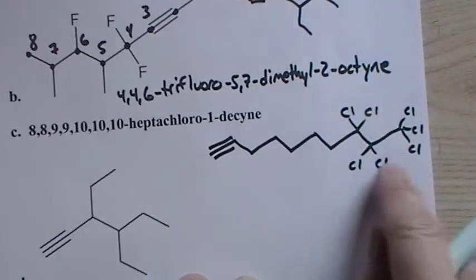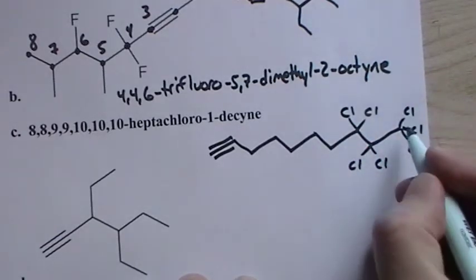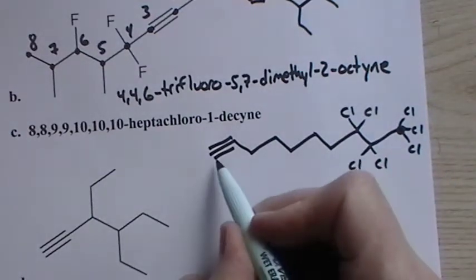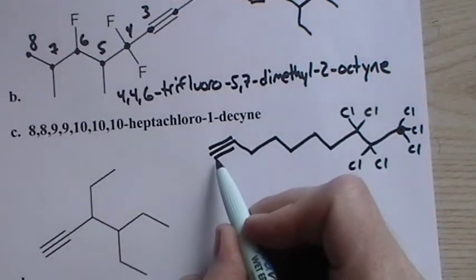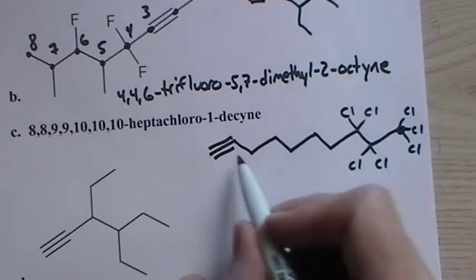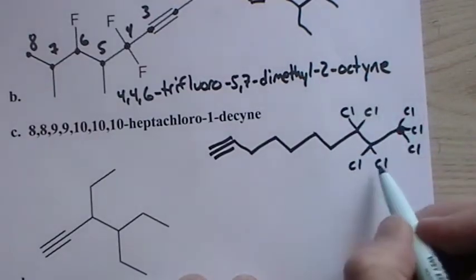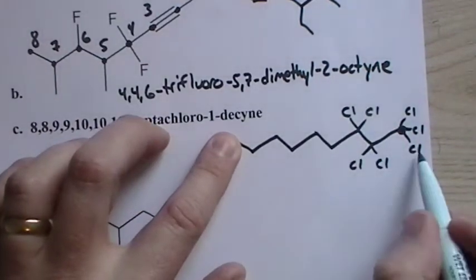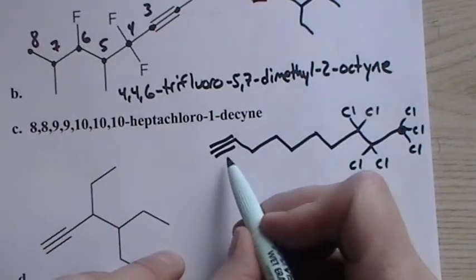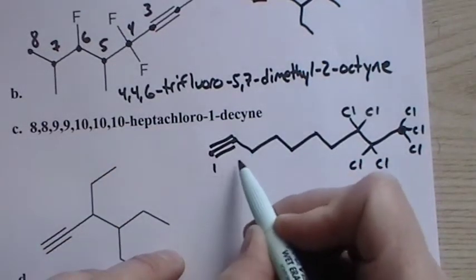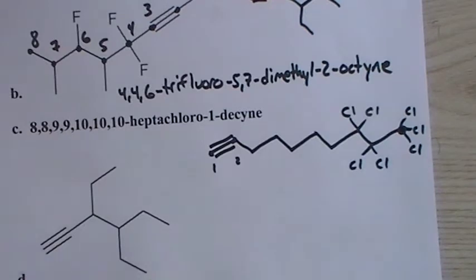They're really bunched up at the end. Here's the last carbon. But the numbering starts here because the triple bond takes precedence over all of this. There's nothing here. It looks like you'd really want to start on this end, and if it was an alkane, absolutely. But with that alkyne, you have to start the numbering down here. This is carbon 1, this is carbon 2, all the way down.